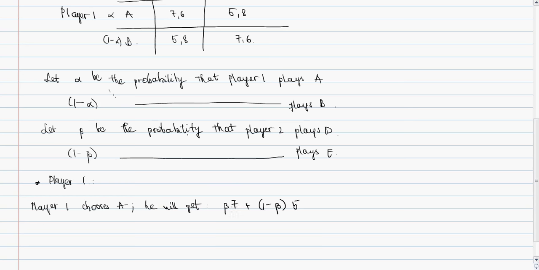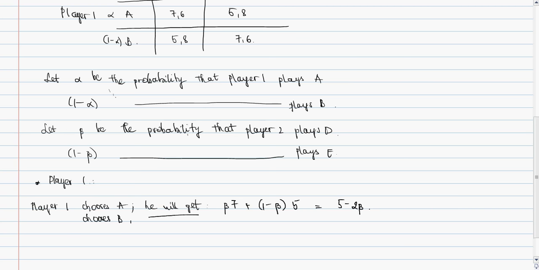Just as I said, there will be a probability of beta that player 2 is playing D and player 1 will get 7 if he plays A, and he will get 5 if player 2 is playing E. So that will give you 5 plus 2 beta.